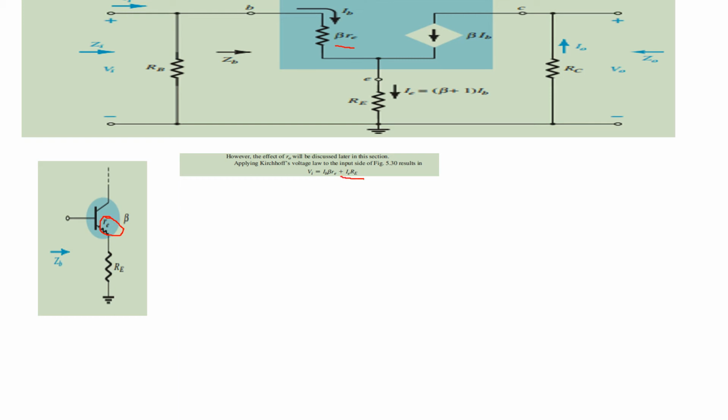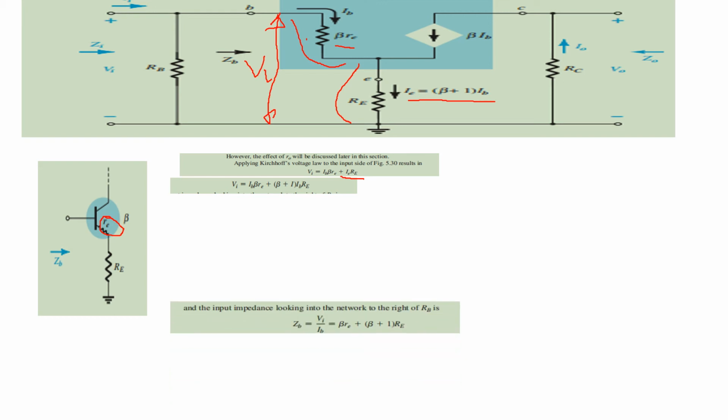Here, voltage Vi is the sum of beta times re into IB plus IE into re, where IE is equal to 1 plus beta times IB. Substitute this relation in this, you will get the complete input voltage.